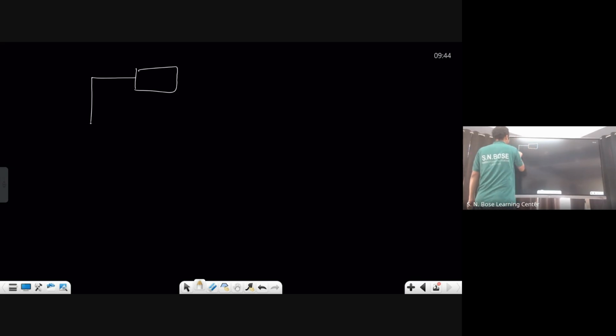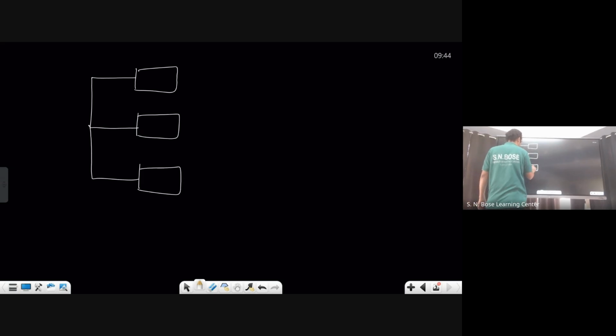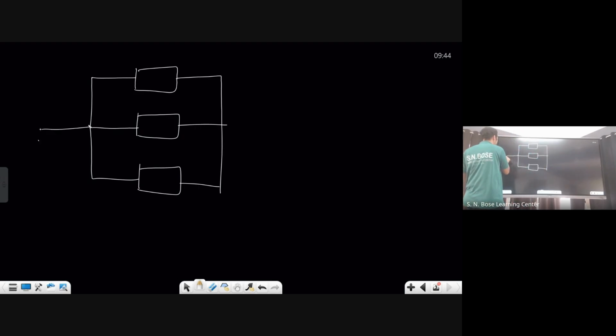If you have a parallel circuit, how to draw? Z1, Z2, Z3. This is the general idea. Let me go to the problem quickly. A here, B here, in the parallel circuit, currents are different, am I right?